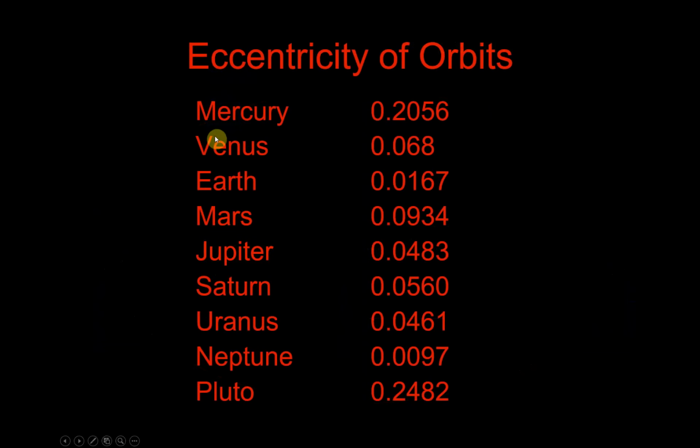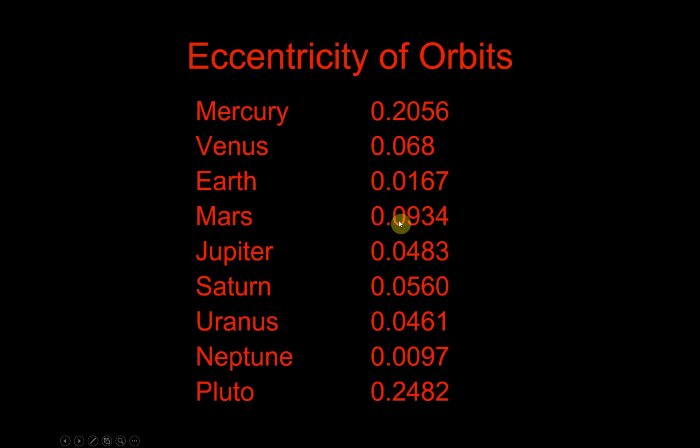We have to be kind of nice to Mercury. It's right next to the Sun, and as such, it can only be explained using general relativity because of the high gravitational field it happens to be within. We've got Venus, quite well behaved, quite circular. Earth, very circular. This is 0.01 or 0.02 here compared to 0.06 for Venus. Mars, like I said, almost 0.1.